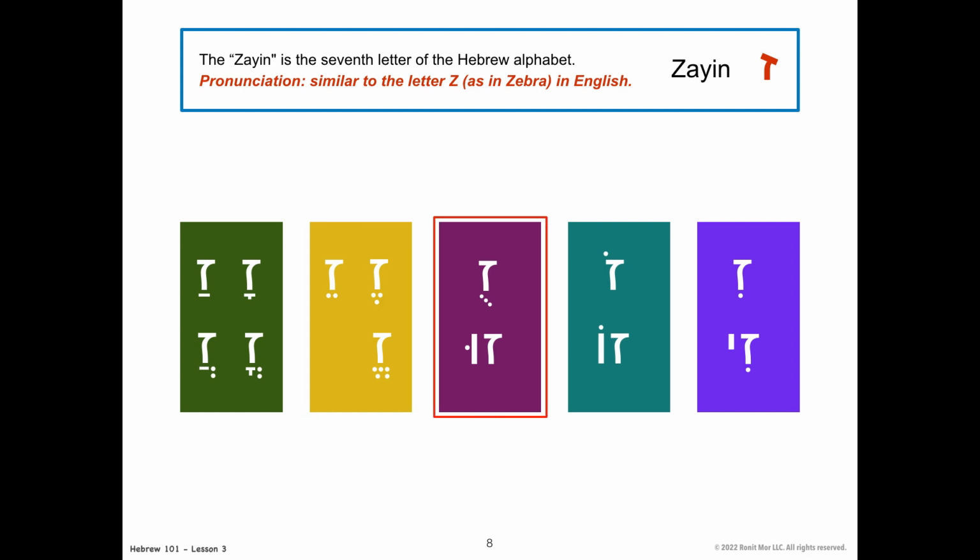Zu. Yes. Next. Zod. Yes. And last one. Say it again. Z. Yes. Okay. So now we are going to practice Zayin as we do with every other letter.